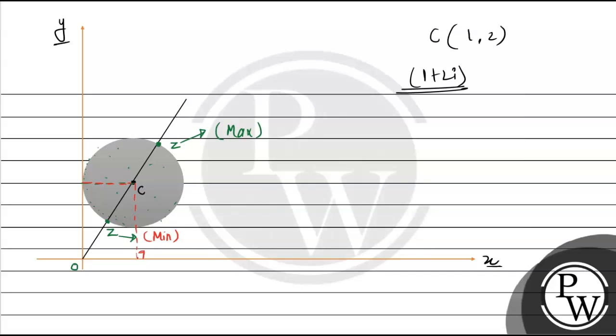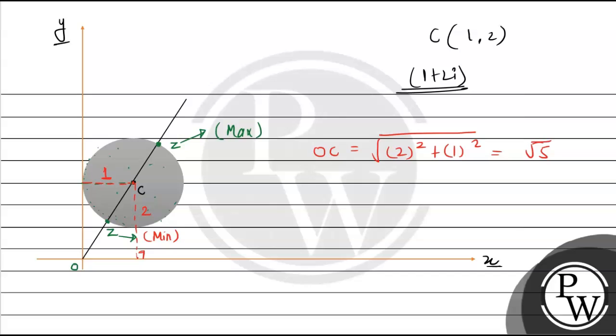Now let's see that this distance is 1, right? Because the coordinate is (1, 2). So this distance is 1 and this distance is 2. So what will be the distance of OC? OC will be what? 2 square plus 1 square and root of it, right? So it will be root under 5.